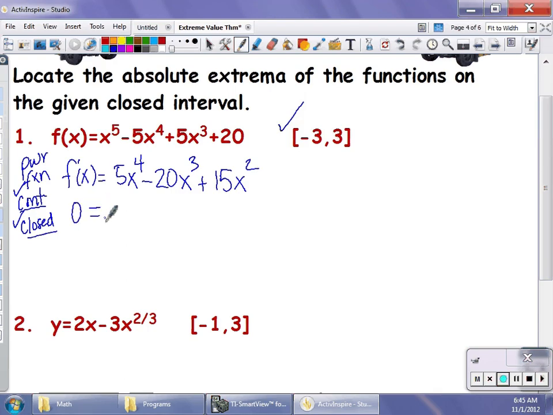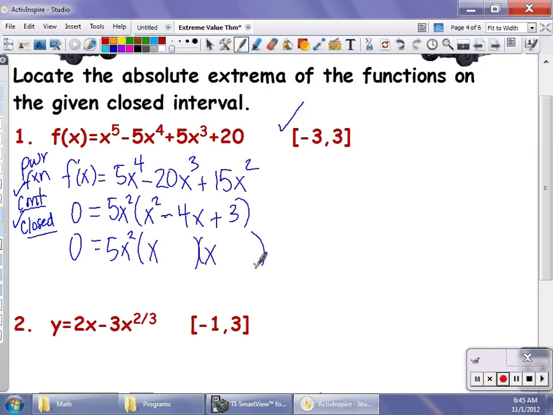So on the right-hand side, I'm going to factor out a 5x squared, which leaves me with x squared minus 4x plus 3. Factoring again, I get 5x squared, (x minus 3)(x minus 1). So x is equal to 0, x is equal to 3, x is equal to 1. Those are my critical numbers.